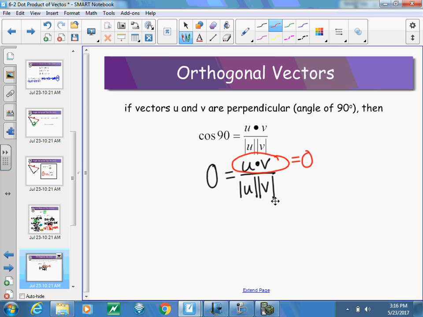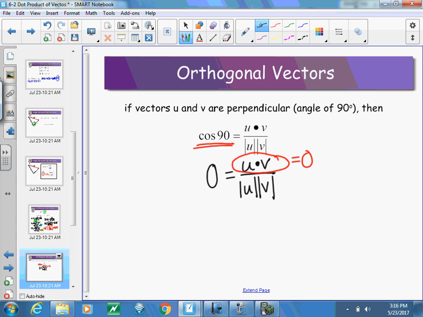Vector u and vector v need to have some length to be able to talk about that magnitude. And if we want the angle between these two vectors to be 90 degrees, we need the cosine of 90 degrees, which is 0.